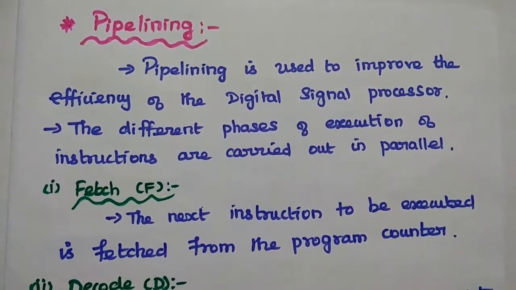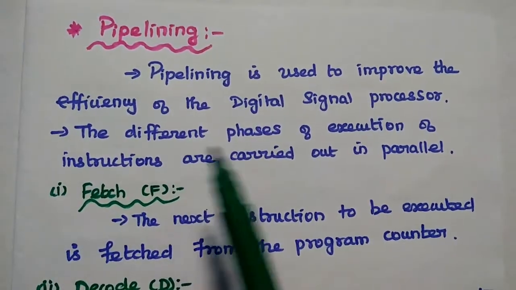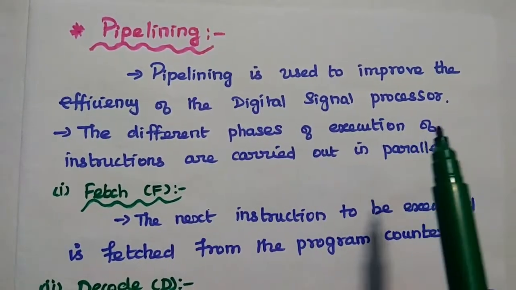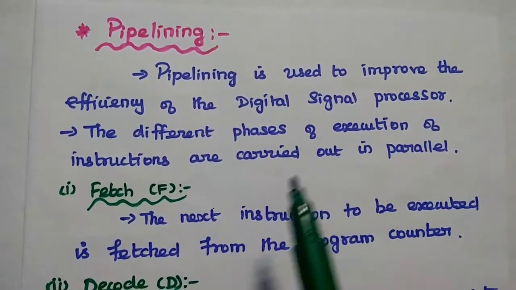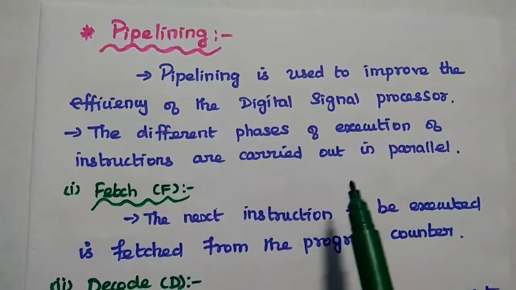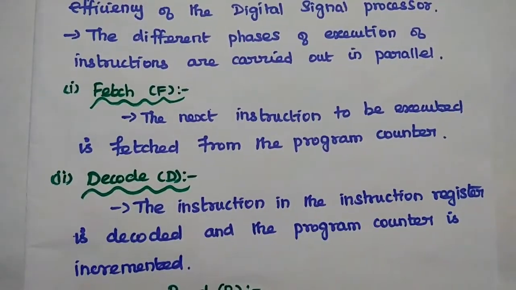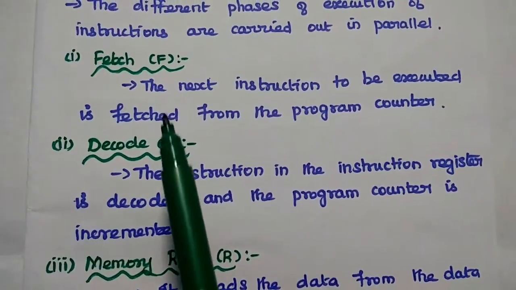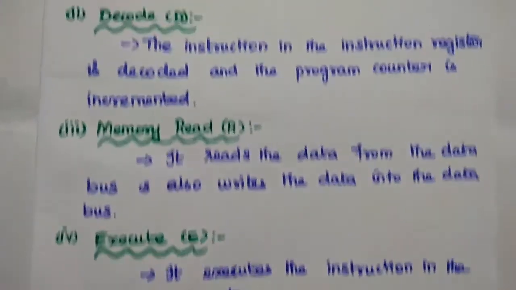Next functionality is pipelining. It is mainly used to improve the efficiency and performance of the digital signal processor. The different phases of execution of an instruction can be carried out in parallel. So here there are 4 basic phases available: fetch, decode, memory read and execute.